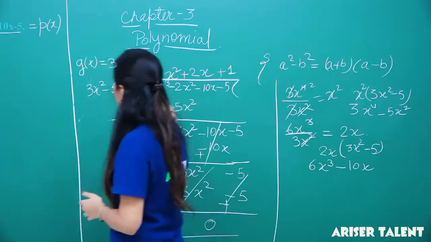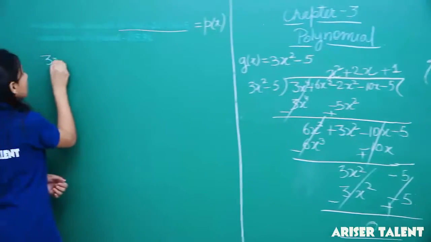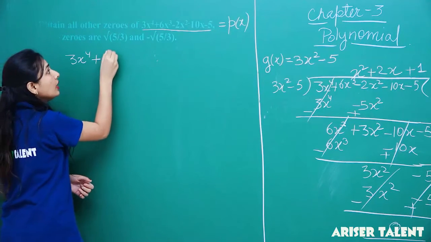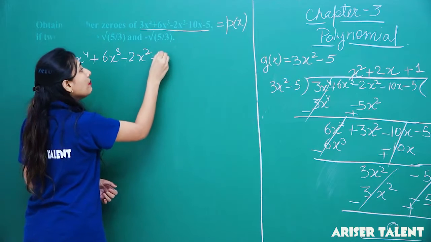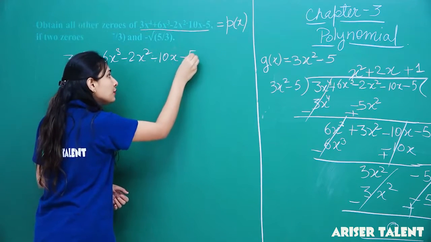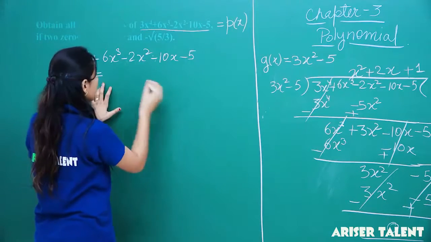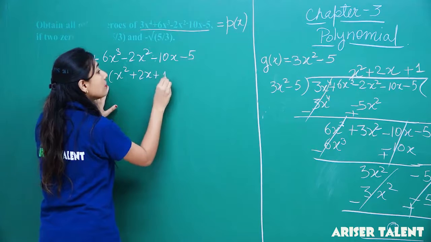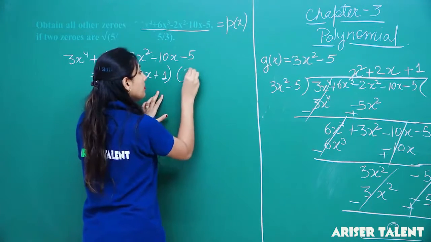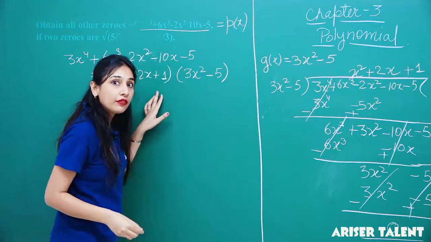So we can say that 3x to the power 4 plus 6x cube minus 2x square minus 10x minus 5 can be written as x square plus 2x plus 1 multiplied by 3x square minus 5.